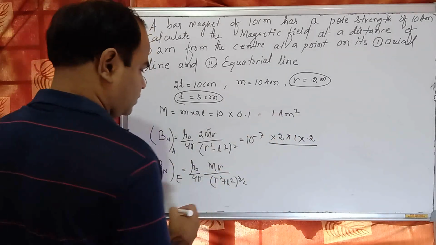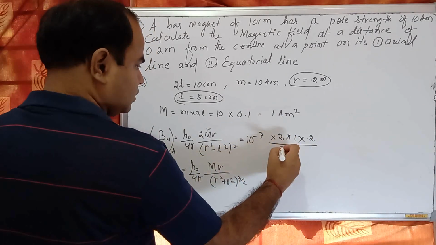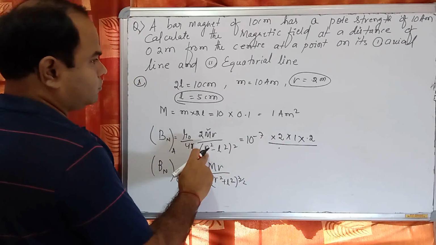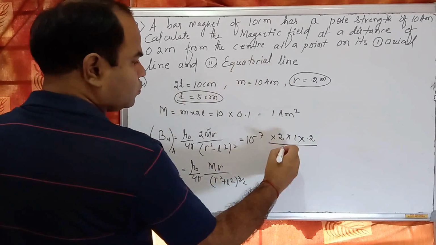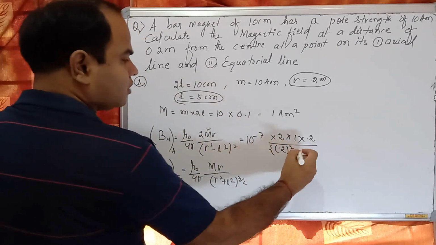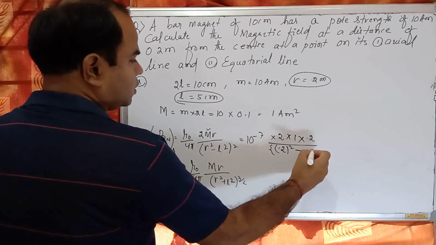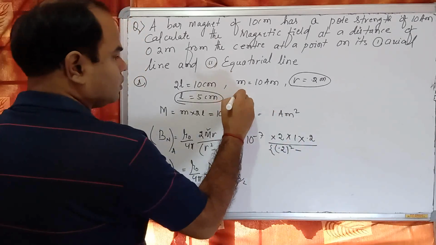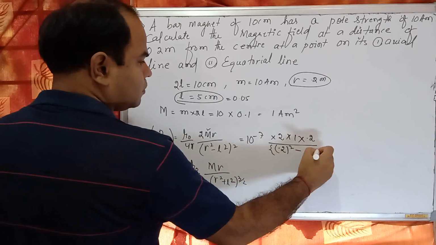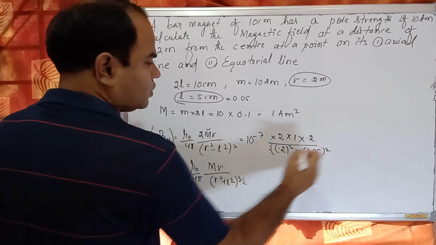Divided by, r is how much? R is 0.2 the whole square. L is how much? Okay.